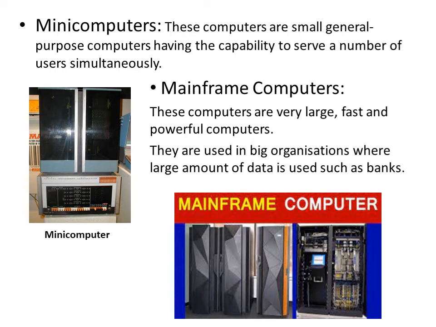They are used in big organizations where a large amount of data is used, such as banks. So in hospitals, banks or schools, you can see these mainframe computers, very big computers. These computers work very fast and they are very powerful machines.